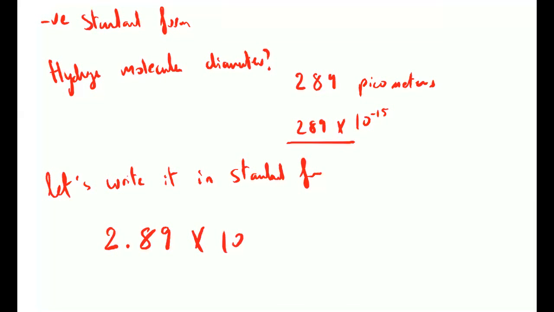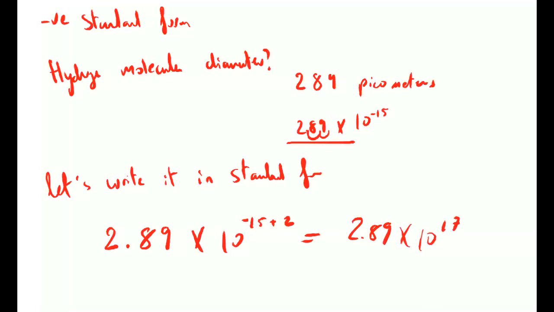So we will take 2 zeros, so we go 10 power negative 15 minus 2, that would be negative 17. Thank you, Kunuz. Negative 17, yeah. So it's very small.